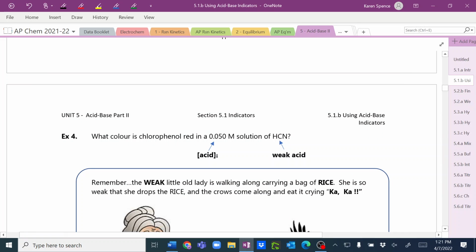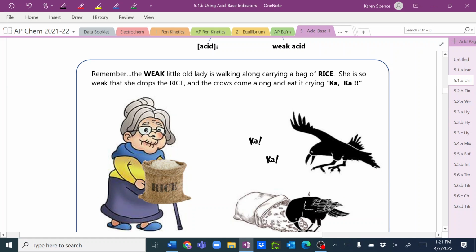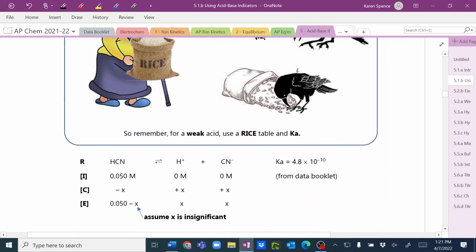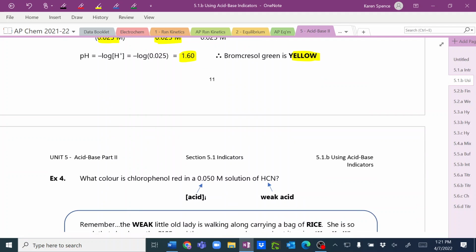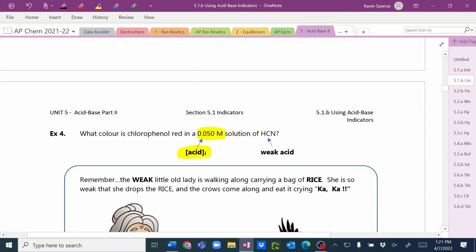What color is chlorophenol red in a 0.50 molar solution of HCN? Well, HCN is a weak acid. When I give you this concentration, remember that the acid concentration is always the initial concentration, the one that's given in the question.